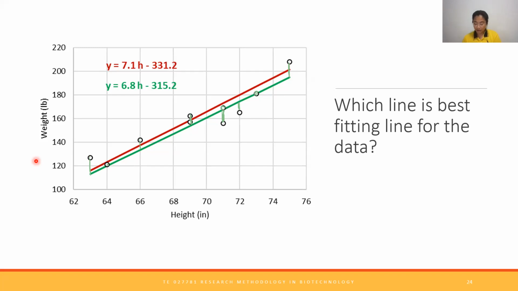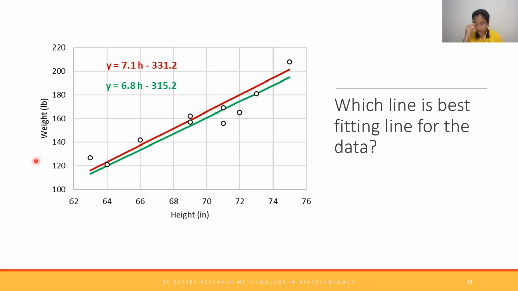While for the red line, the difference is that much, that much, that much. So the two lines produce different errors for each of the data points.